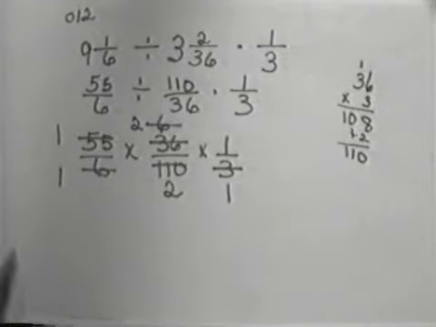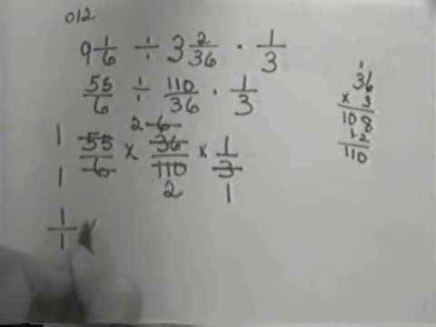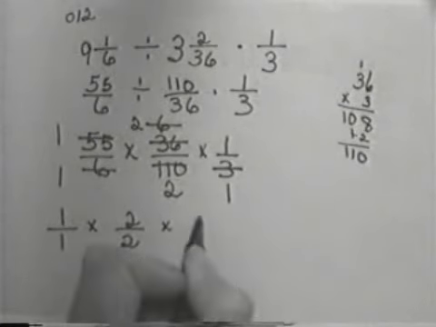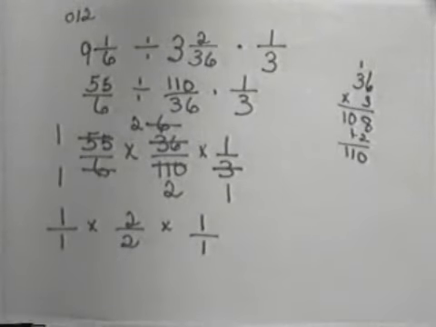Now let's write what we have left and look at it. We have 1 over 1 times 2 over 2 times 1 over 1. Now when you look at that carefully, hopefully you'll notice that it's not quite reduced, because 2 over 2 is not reduced.